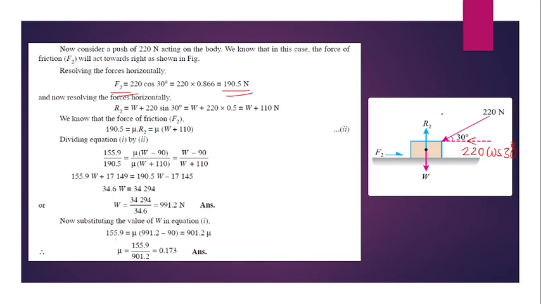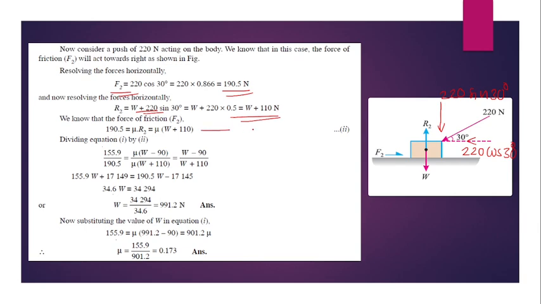Then resolving in the vertical direction, 220 sin 30 degrees is vertically downward, so W plus 220 sin 30 must equal R2. R2 equals W plus 110 Newton.